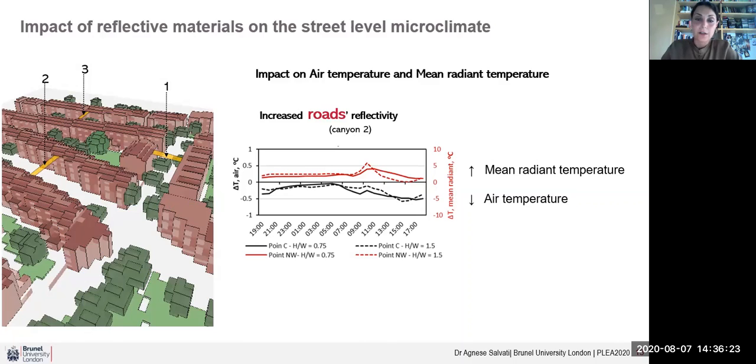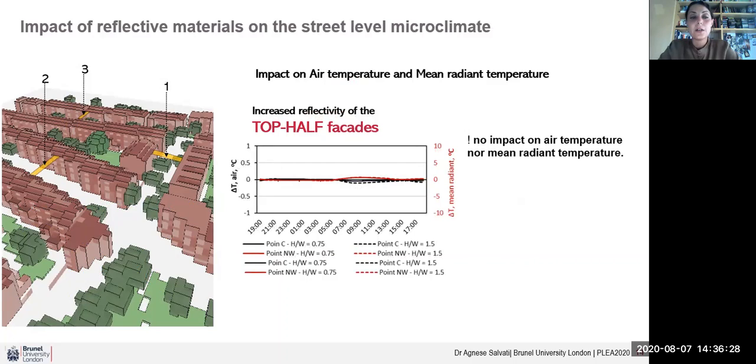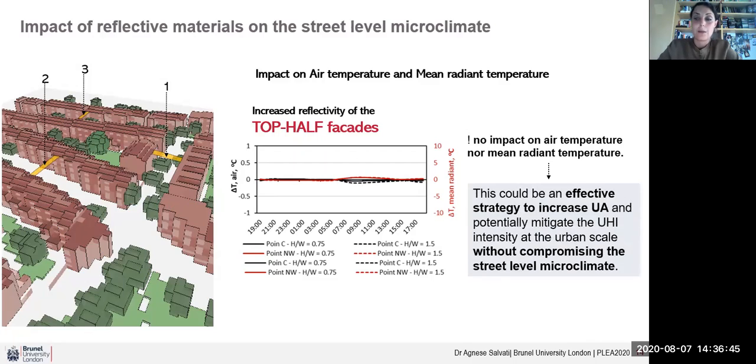And we verified that this happens in all the cases except for the scenario in which the reflective materials are applied only to the top half part of the facade. So in this way, we can have an increase of the overall urban albedo without compromising the street level microclimate. So this is probably the best strategy to mitigate the heat island effect without any negative impact on the street level microclimate in London.